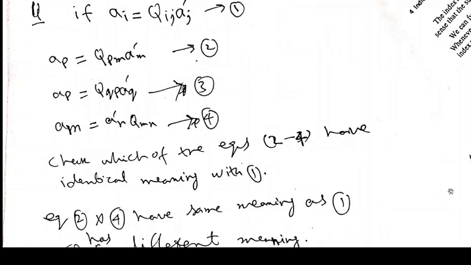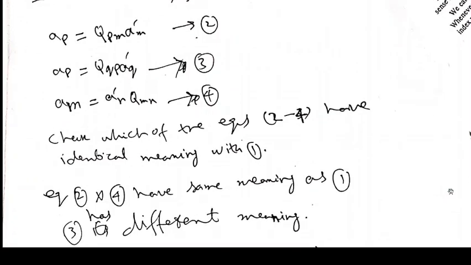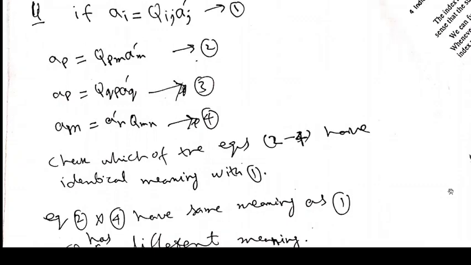So let's see. If you look at equation number 2, in equation 2, P is a free index and M is a dummy index, and in equation 1, I is a free index and J is a dummy index.